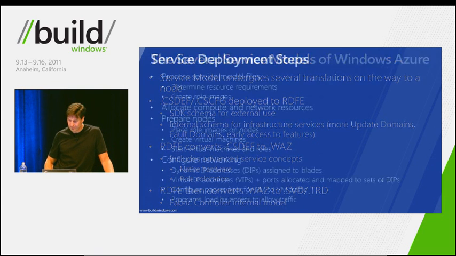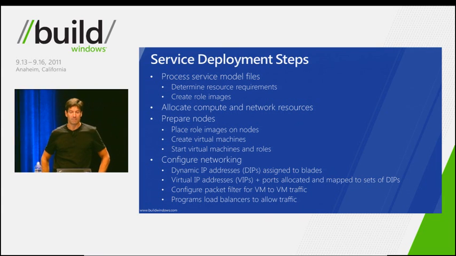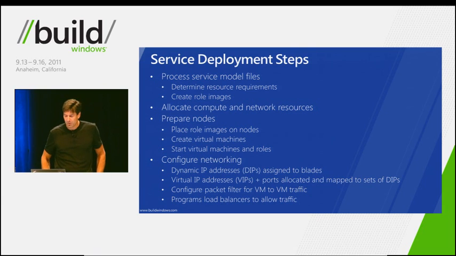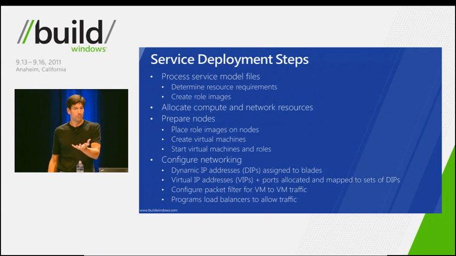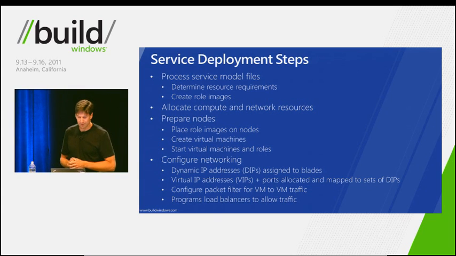In the service deployment steps now, once you get to the Fabric Controller with this SVD file, the Fabric Controller processes the models, determines the resource requirements for your service, and creates role images. Those images that you provided as part of your CSPack for your roles, it then takes and creates images that it's going to deploy to blades to get those VMs up and running with your role code in it.